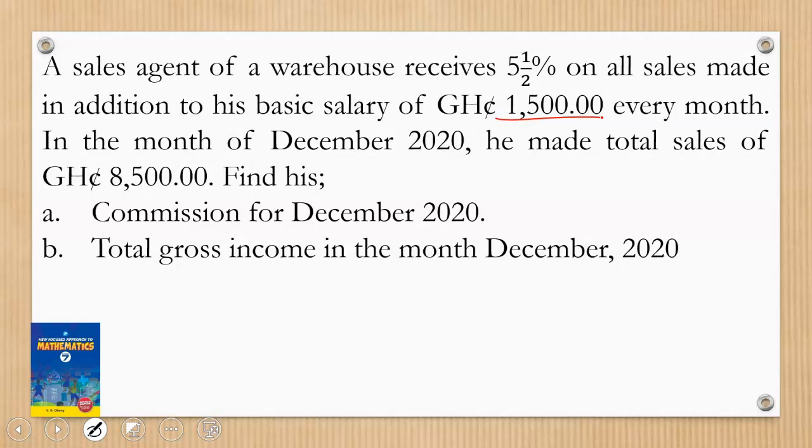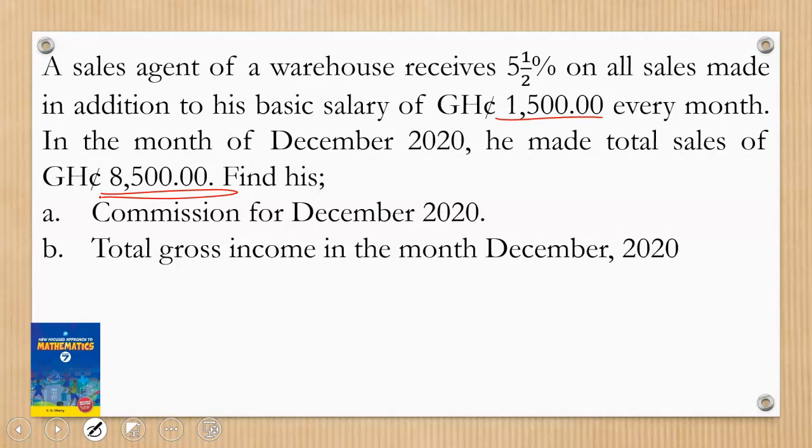So here they've told us that he's going to receive 5.5% on the total amount. If he has made sales of 8,500, let's calculate the commission he is going to earn on this amount.